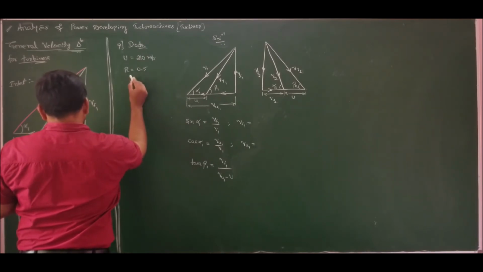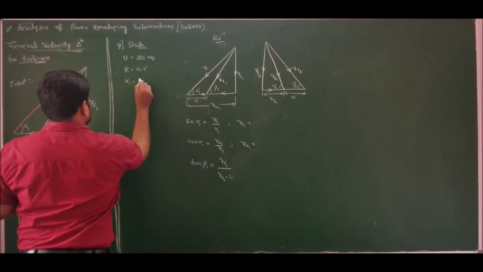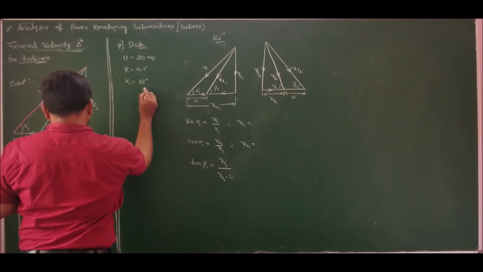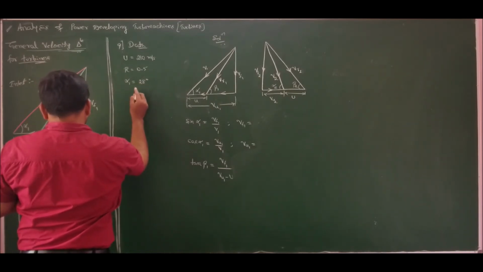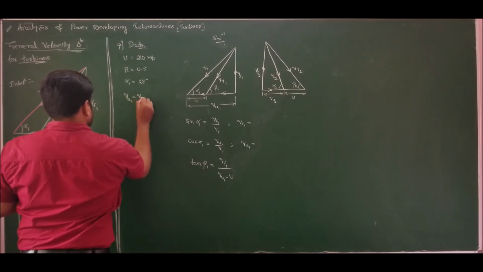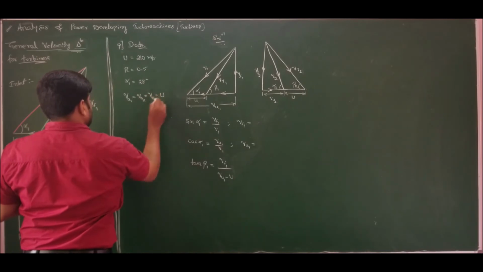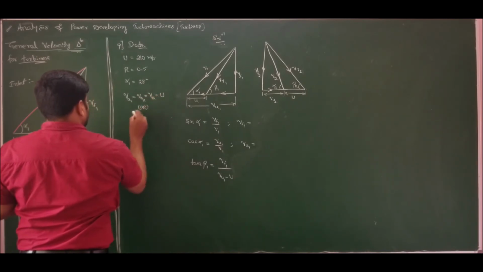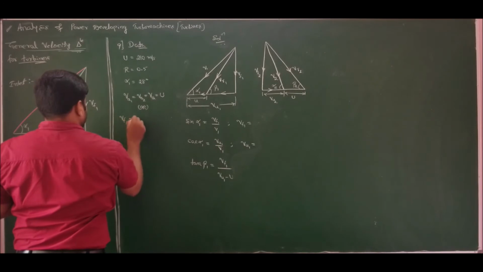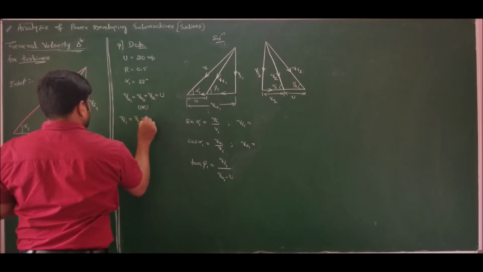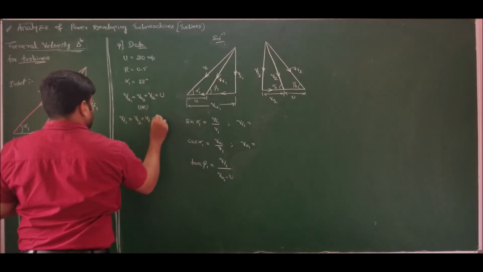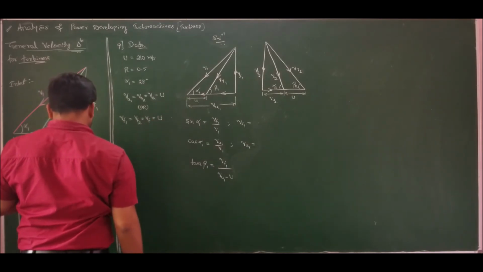Steam emerges from a nozzle inclined at an angle of 28 degrees and axial component is equal to blade speed, that is VA1 is equal to VA2 is equal to VA, or equal to U, or according to our notation it is VF1 is equal to VF2 is equal to VF, all equal to U.